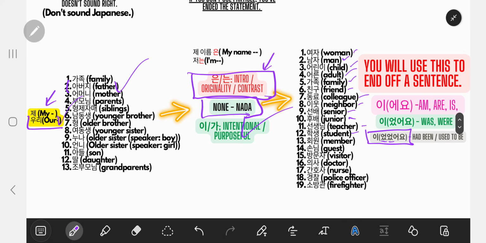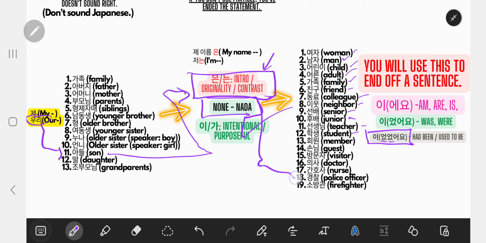Okay, so let's make another sentence, and you can make tons of other sentences if you want, and I'll just make 2 more sentences for you. So yes, this video is almost teetering on the edge of an hour. So if I say something like this, 우리 아들, and I'll say the originality, my son's, or my son, as for him, he is a police officer. So in this case, we may be talking about other sons.